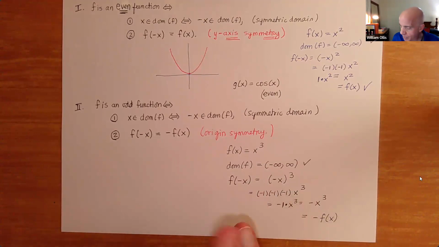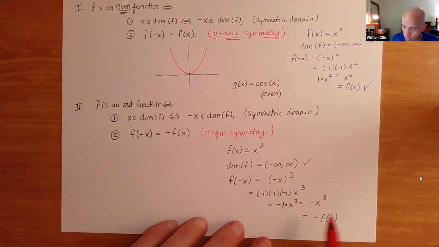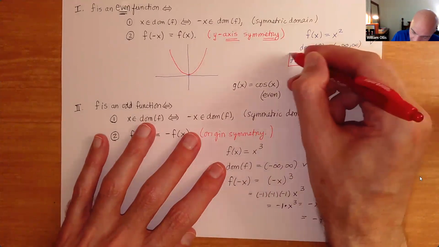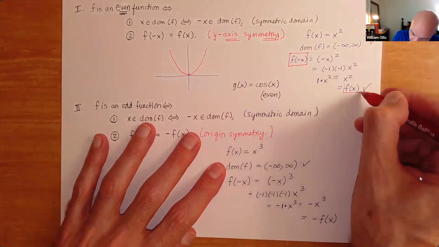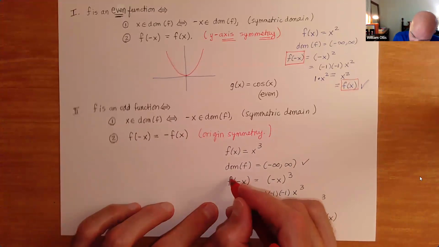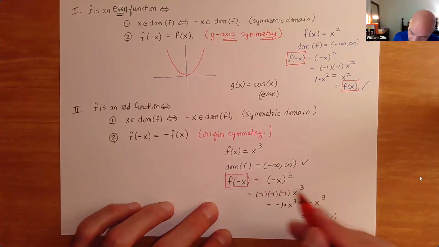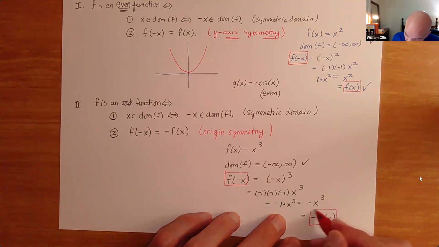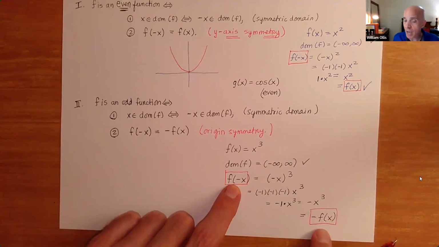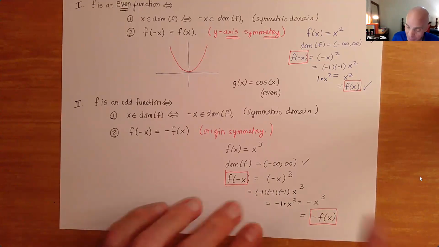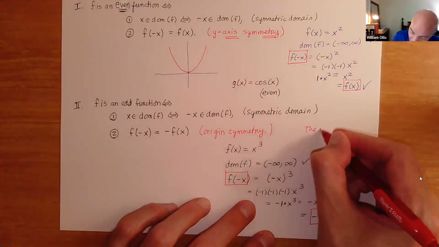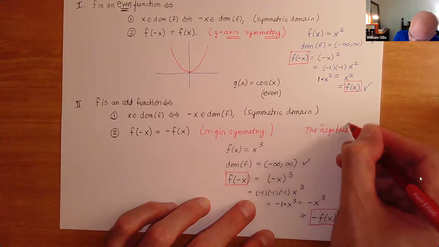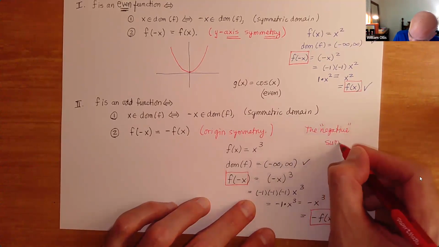So what's important here is that you work through the calculation. Notice in the even, we have f of negative x is f of x, the negative absorbs. Here we have f of the additive inverse of x, or negative x, gives us the additive inverse of f of x. The negative does not absorb, it survives, so to speak. So we say the negative survives.